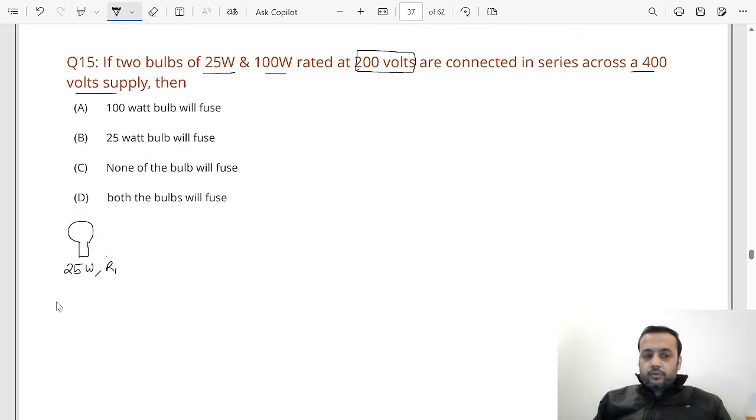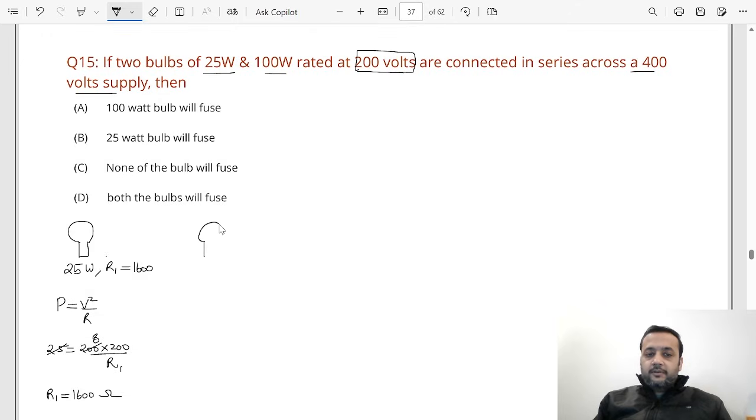Power is V squared by R, so 25 equals 200 into 200 by R. That means R1 becomes 1600 ohms.